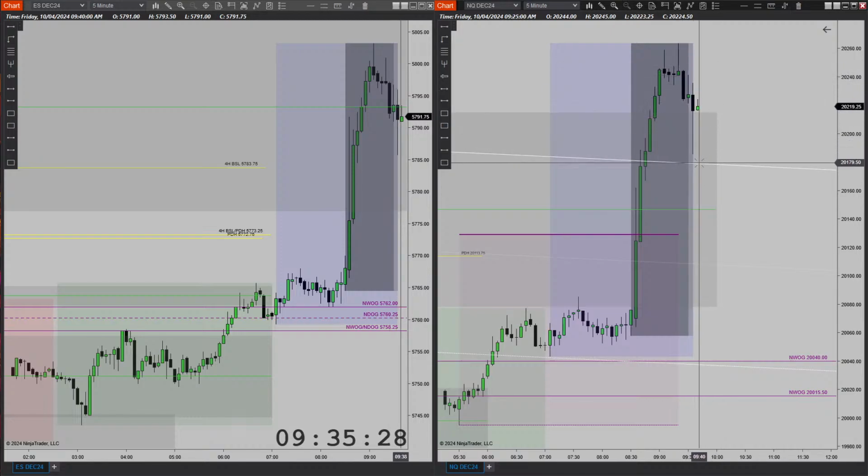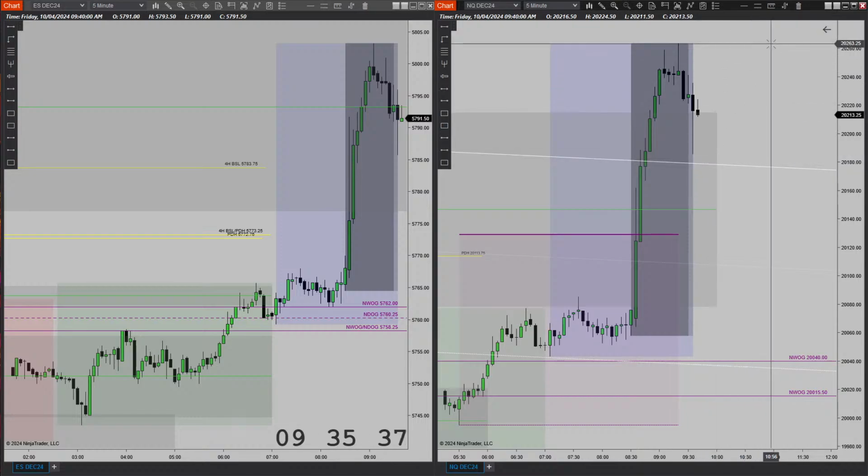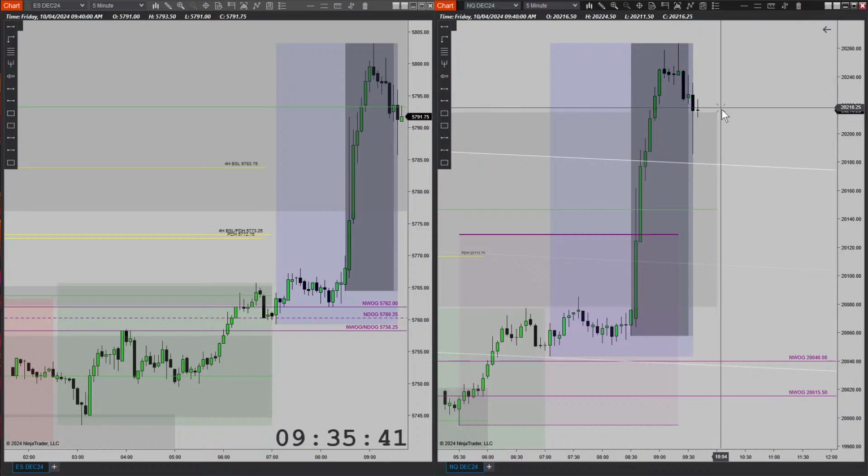The fact that we did not touch the upper portion of this could be a bullish sign. But again, I'm still just watching. We are reacting off of this bearish gap here.